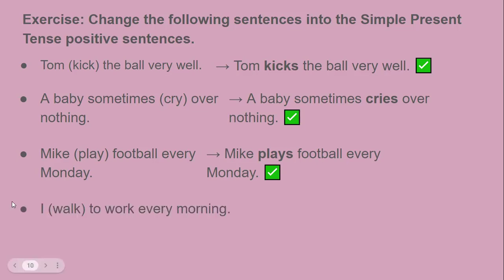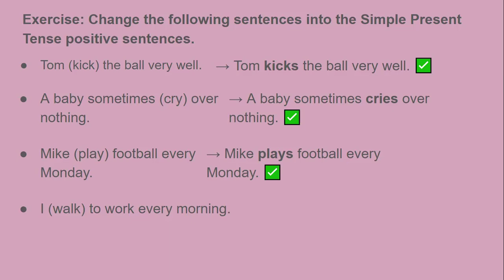Let's move right along. Next verb. I walk to work every morning. So you have the subject I. The moment you have the subject I, the sentence cannot belong to rule 1, it cannot belong to rule 2, and certainly cannot belong to rule 3.